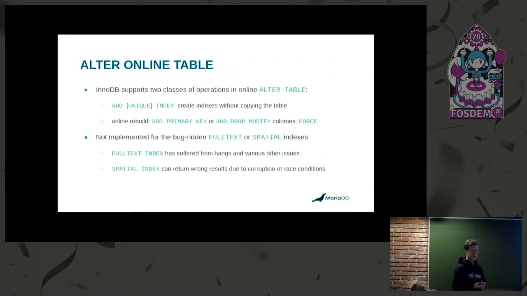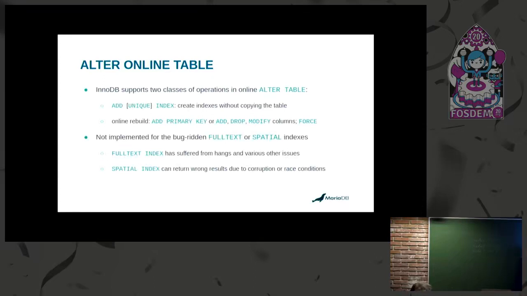Okay, then as a special case of native alter, we have online alter table. MariaDB has the syntax alter online table. Originally in MySQL 5.6 it's called alter table, and then you can explicitly specify lock equals none if you want the operation to fail if it can't be performed online.